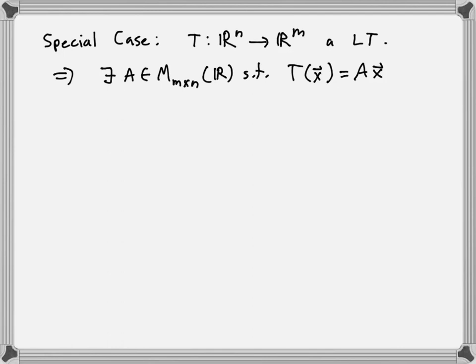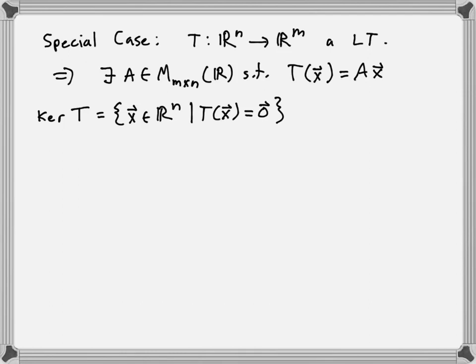So let's actually sit here and think about what the kernel of this transformation would be. The kernel of the transformation is defined to be, remember, all of the x. In this case, it would be all of the x in Rn such that T of x is equal to the 0 vector.